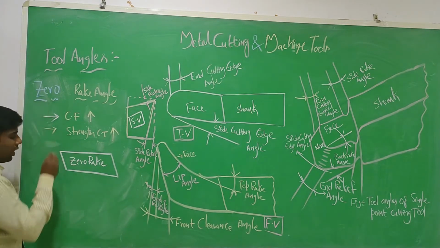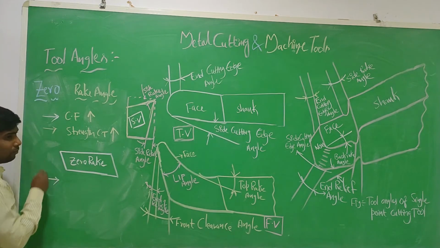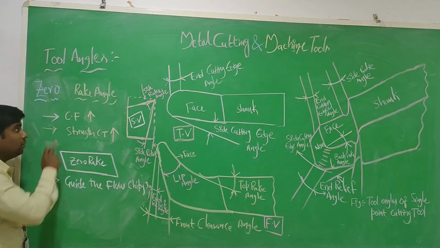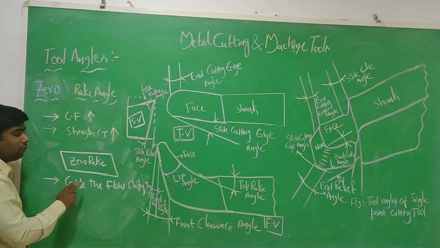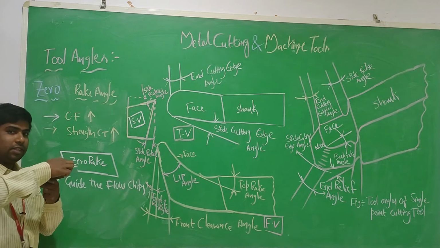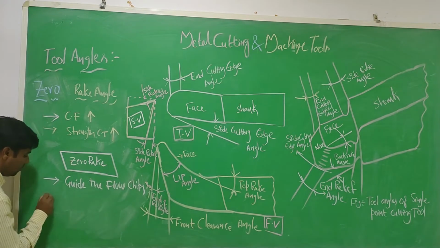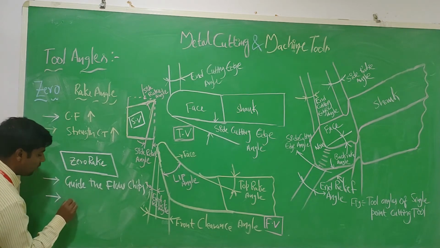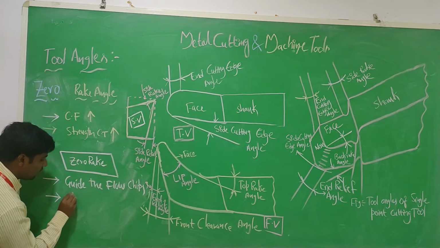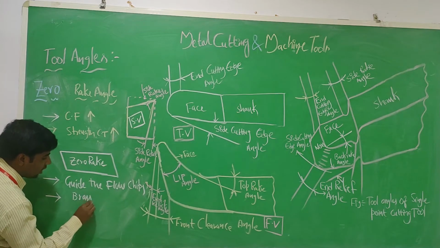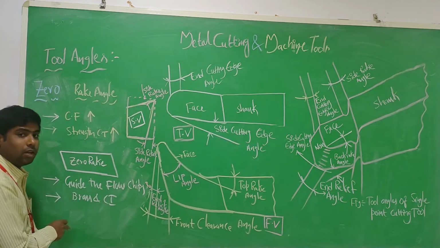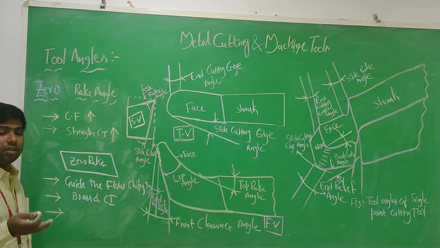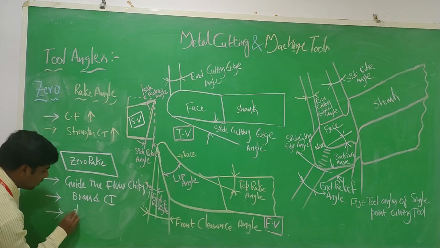Zero rake angle is very helpful for guiding the flow of chips from the top surface. With the help of zero rake angle we can machine brass and cast iron. Cast iron also we can machine, but we cannot dig the workpiece.